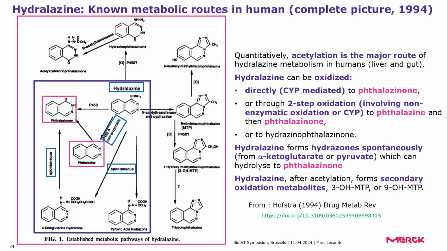So remember the substrate was phthalazine and the oxidation product phthalazinone. And even more, you can have spontaneous hydrazone formation here, which can then degrade spontaneously again to phthalazinone. So you have multiple routes by which hydralazine can form phthalazine or phthalazinone, which can then interfere with the reaction.